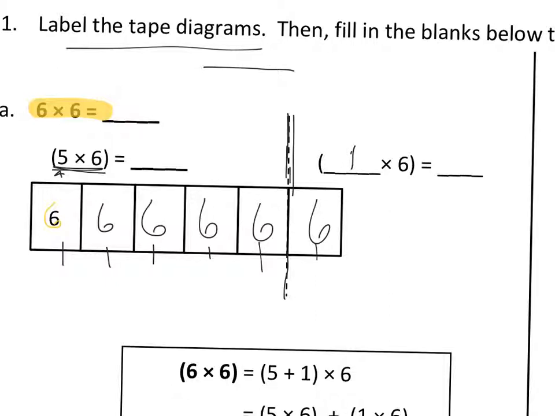So over here we can count by 6s: 6, 12, 18, 24, 30. On this side it's 1 times 6 equals, well, there's just 6. So 6 times 6 is 30 plus 6.